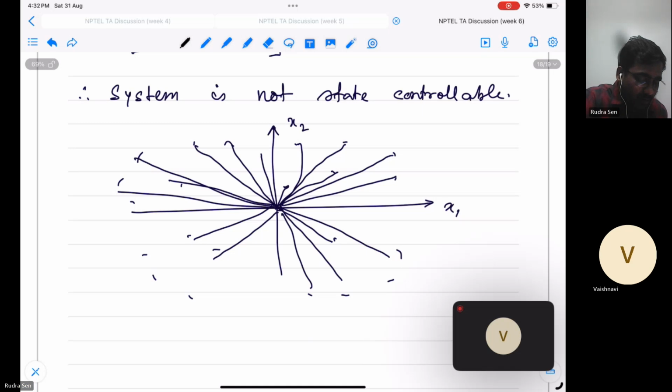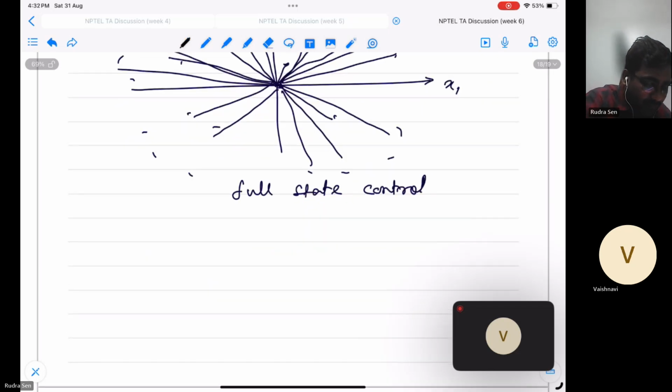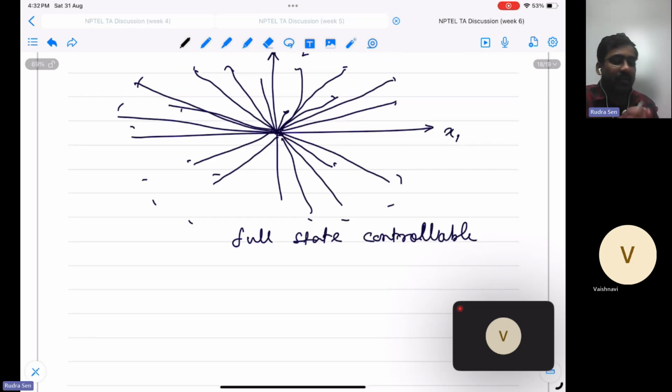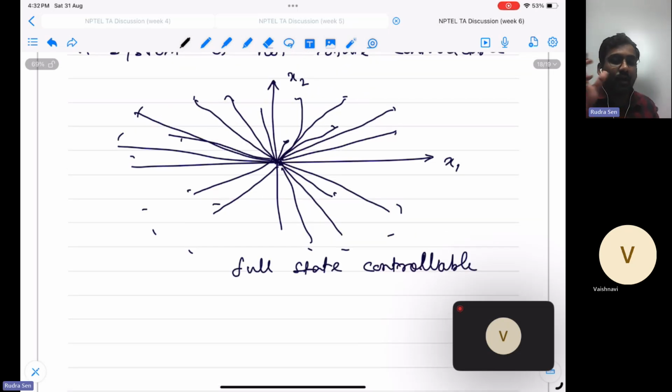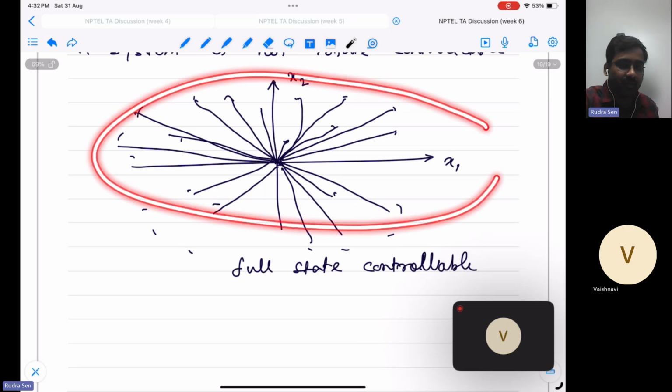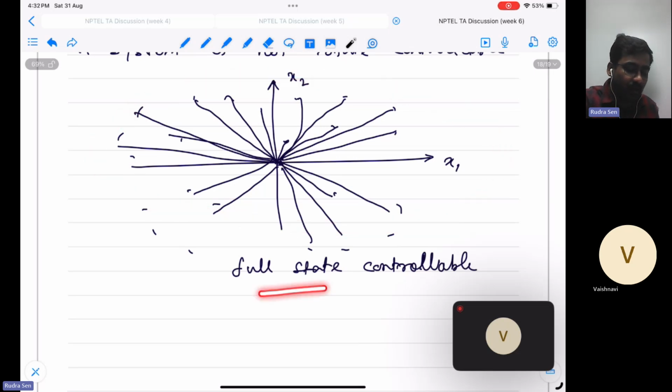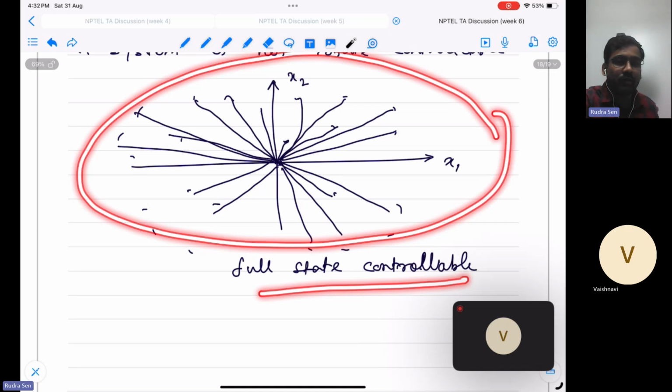But if the system state is not fully controllable, that means we can go to only a few states. We can't explore the whole state space. This is basically the whole state space. If the system is fully controllable, it can explore the whole state space.